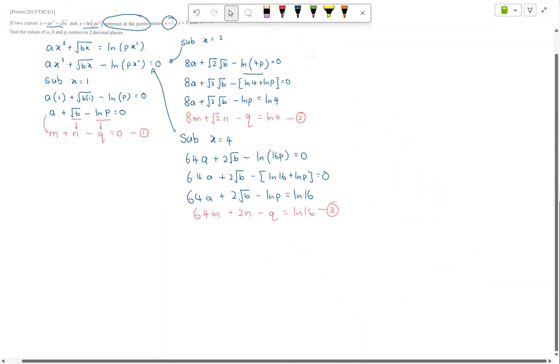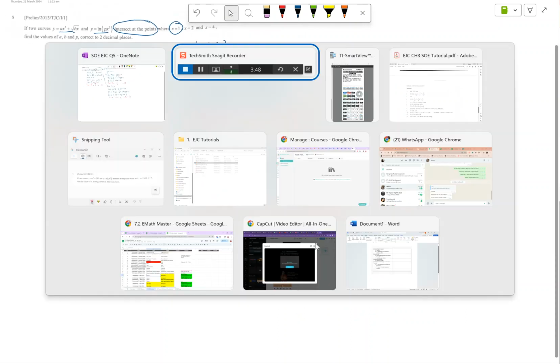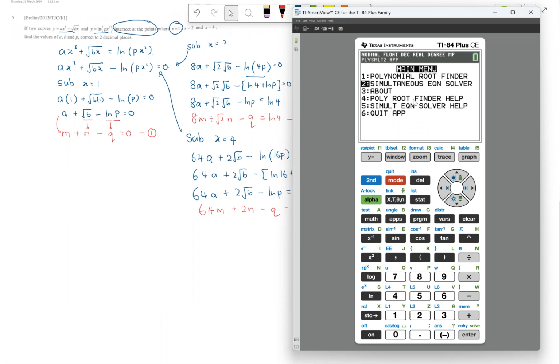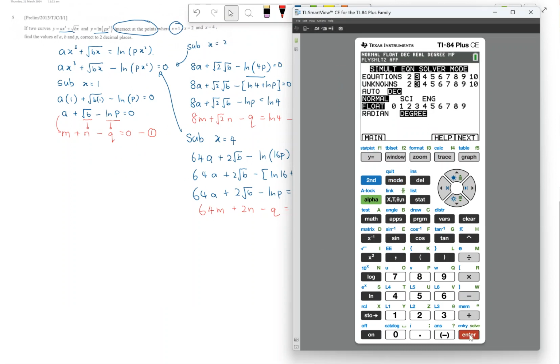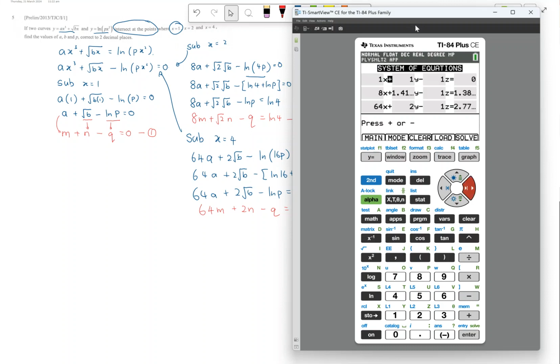I will use my GC to key this into the system of equations, simultaneous equation solver. Three unknowns, three equations, press graph. I have already keyed in all the coefficients for the first equation, m plus n minus q equals 0.